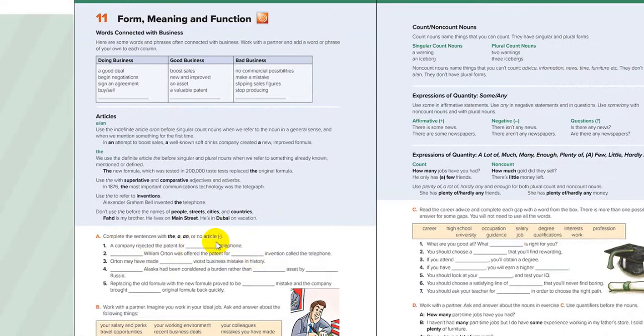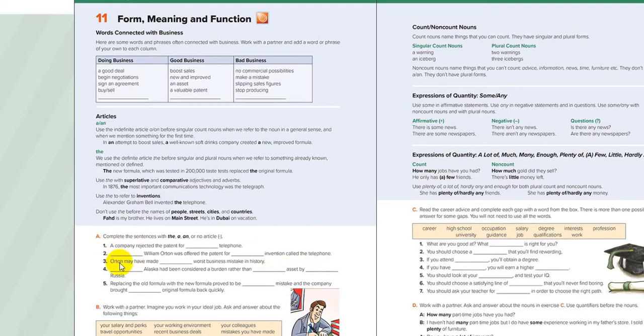Yes, I remember that the telephone is an invention, so I have to use "the telephone." William Orton was offered the patent for the invention called the telephone. This is the name of a person, William. So we can't use anything. The patent for an invention called the telephone.